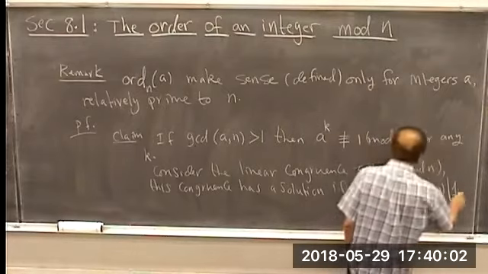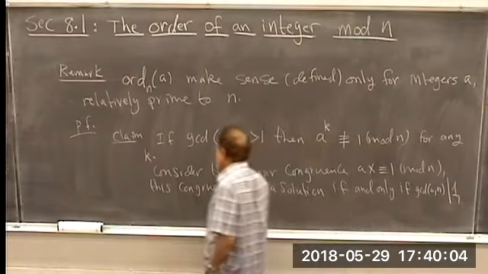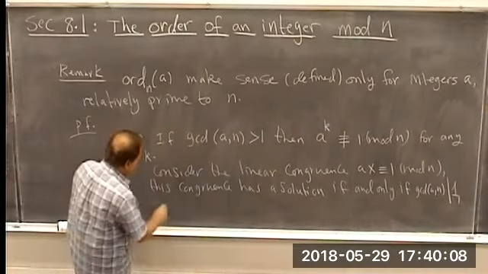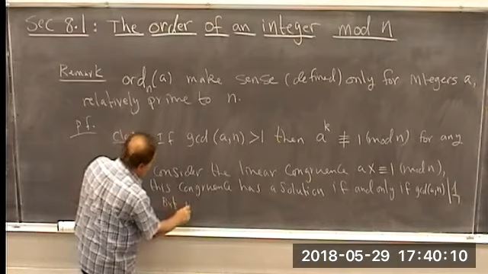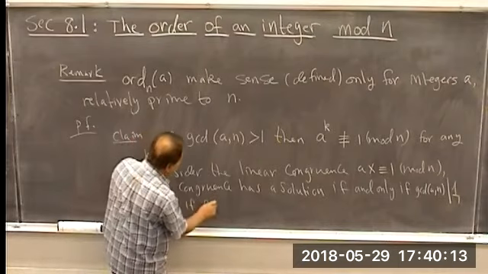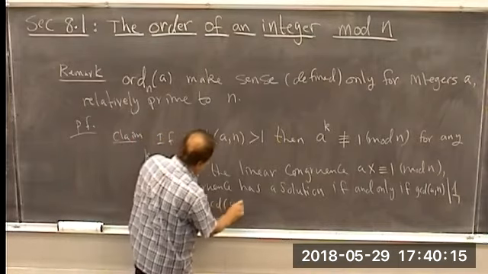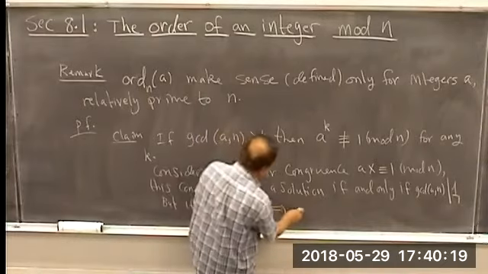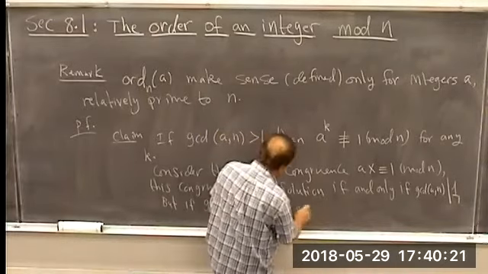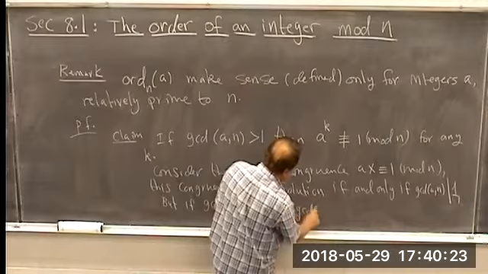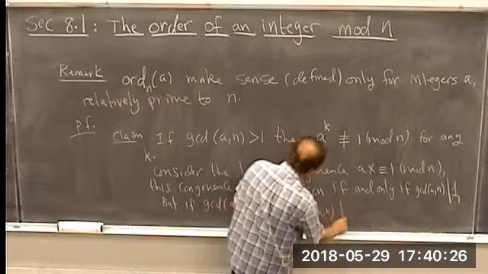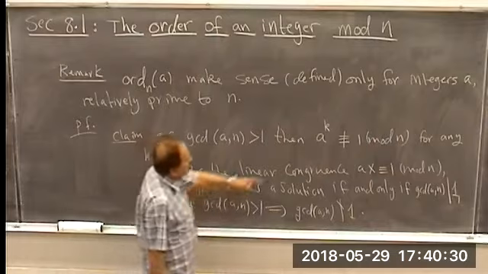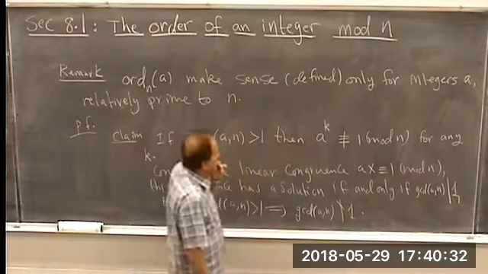But if the greatest common divisor of a and n is bigger than 1, this implies that this divisibility condition is not satisfied, so the congruence has no solution. All right. So this means that a to the k is not going to be congruent to 1.